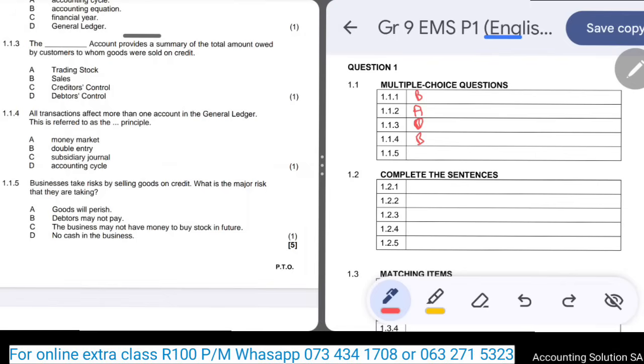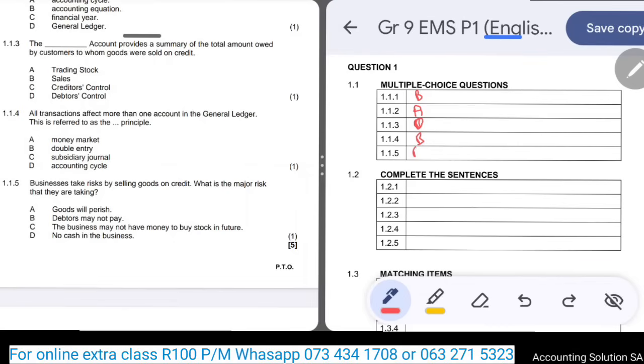Okay, the business takes a risk by selling goods on credit. What is the major risk that they are taking? Debtors may not pay. The risk of selling something to someone without being paid, guys, is that there is a risk that the person might not pay.